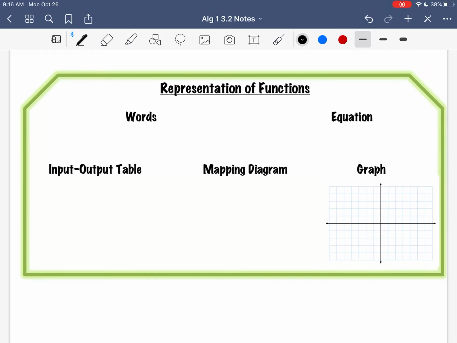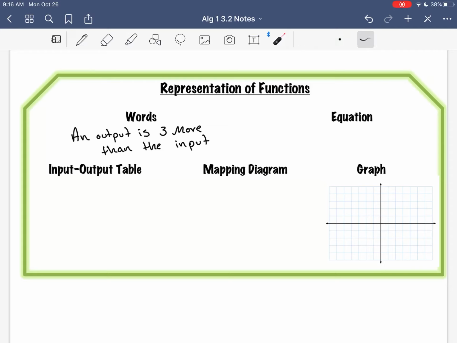For example, I could just say an output is 3 more than the input. So I could write it in words. Or I could write it as an equation.